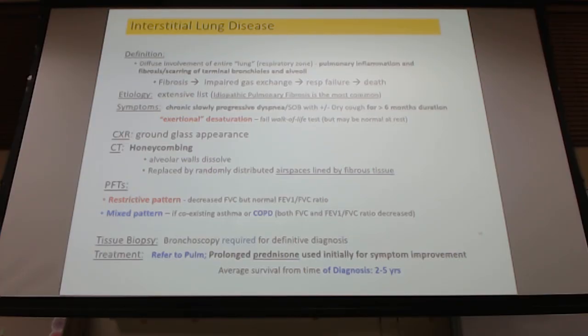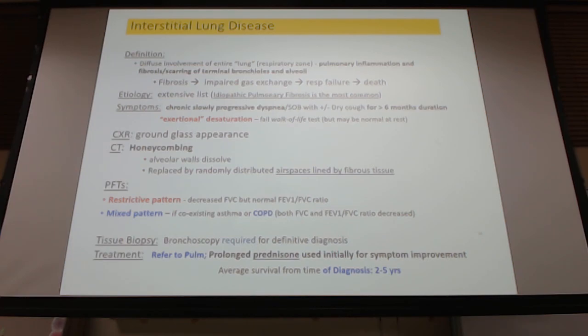I put a little yellow on this one. This is one of my trick questions. Remember, when I'm asking you about PFTs, look at the whole history. Make sure you read the whole question and go back.